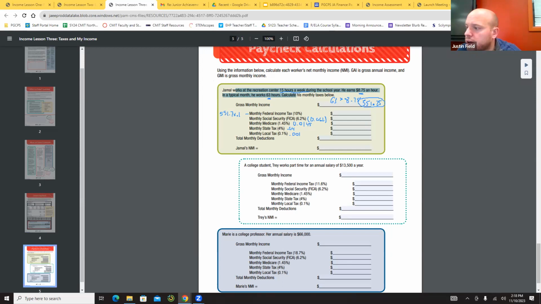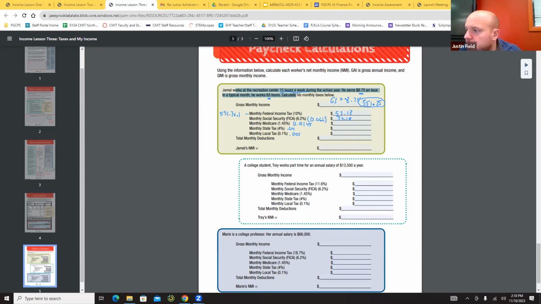So multiplying that by 10% is 55.125. So we're going to round up to 55.13. When we multiply it by 0.062, go ahead and do that. Make sure you get the same thing. We get 34.177, 34.18.